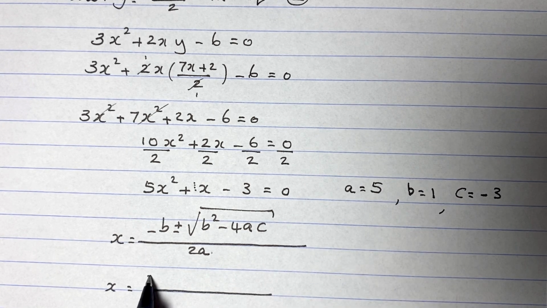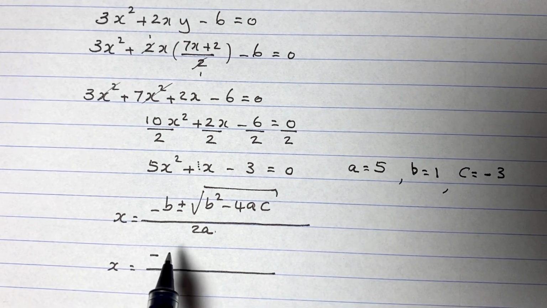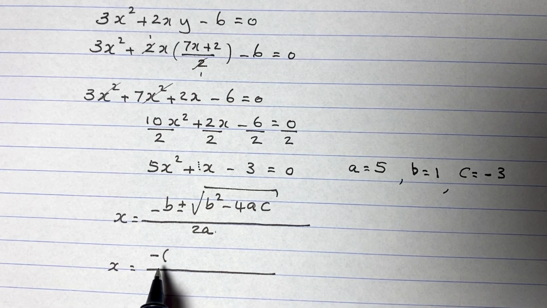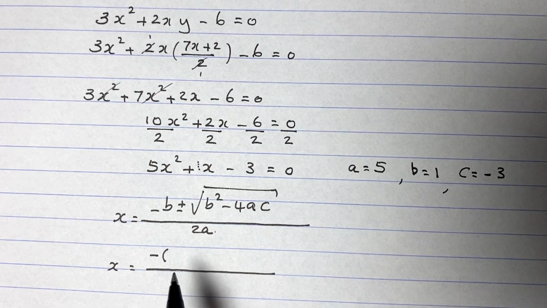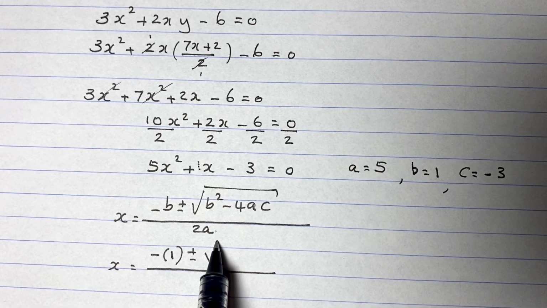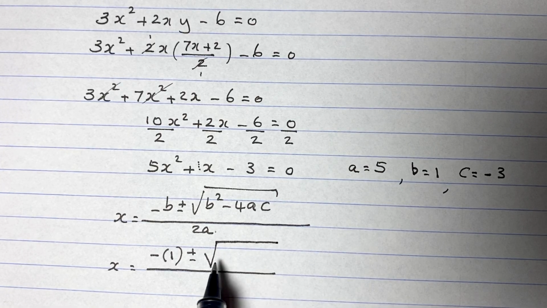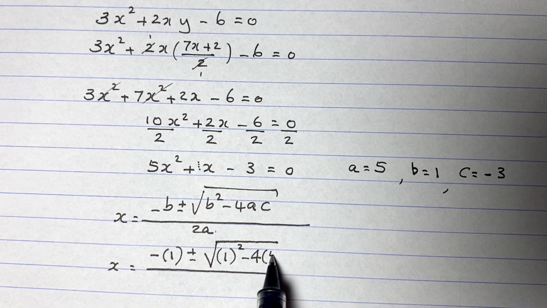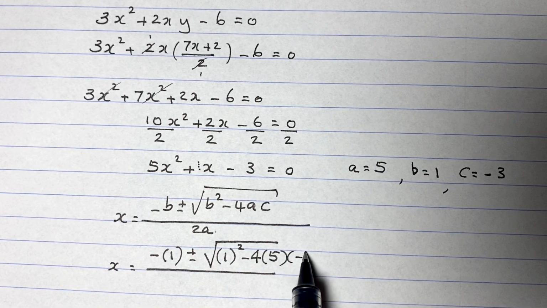I'm now going to substitute. Minus b. All substitution inside brackets. If you want to enter that in the calculator, you need to enter it with the brackets. That makes sure that nothing goes wrong, especially when you're squaring a negative number. That must be inside the bracket. b squared minus 4, a being 5, and c being minus 3.